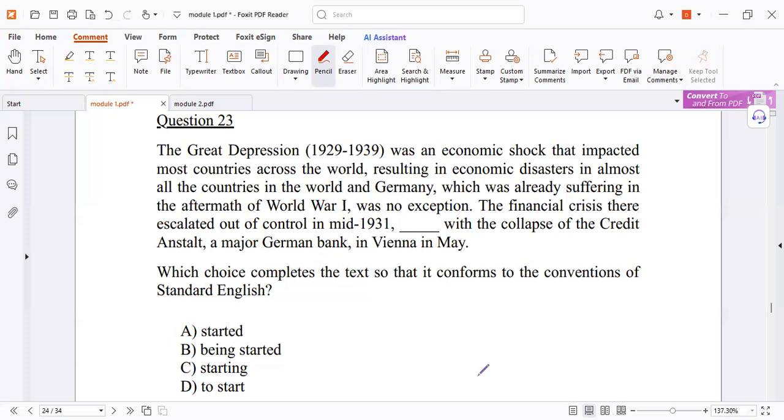Let me help you. If you find the word "being" in any answer, keep away. Why? Redundant, because it makes it passive. "Being started" is passive.